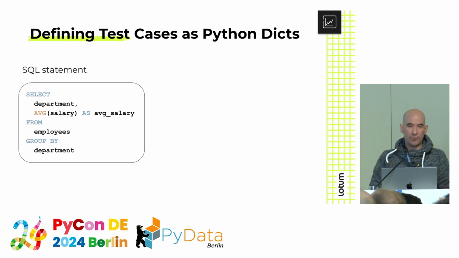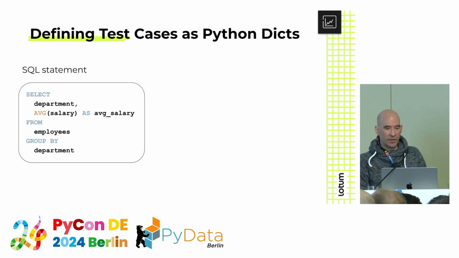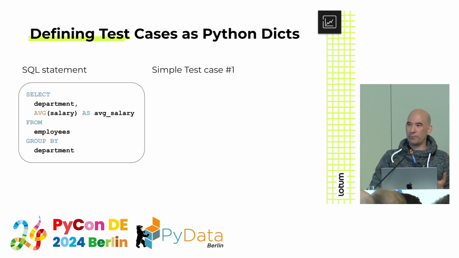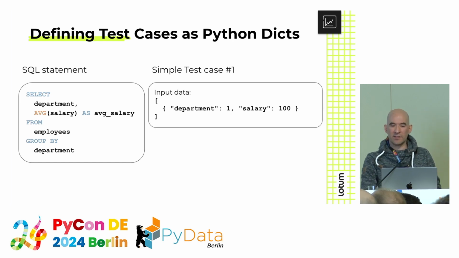I have this sample SQL statement here, which doesn't do much. It takes an employees table, groups the data by department, and calculates the average salary for each department. So a very simple test case that would test the most basic functionality of the statement would need at least 1 input row.